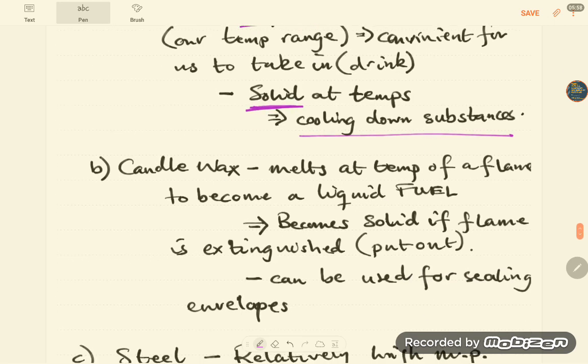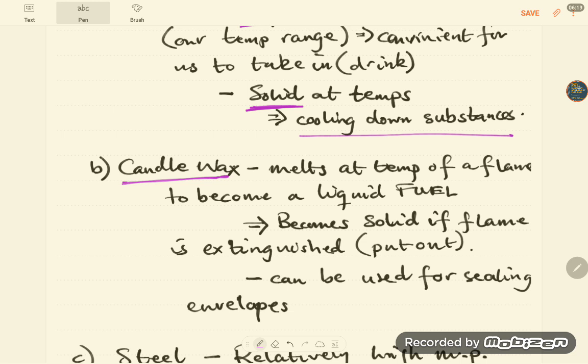And now we're looking at candle wax. Now this one has a relatively low melting point, okay? Because normally your candle wax, whatever the color may be, melts at a temperature low enough that a flame can melt it.